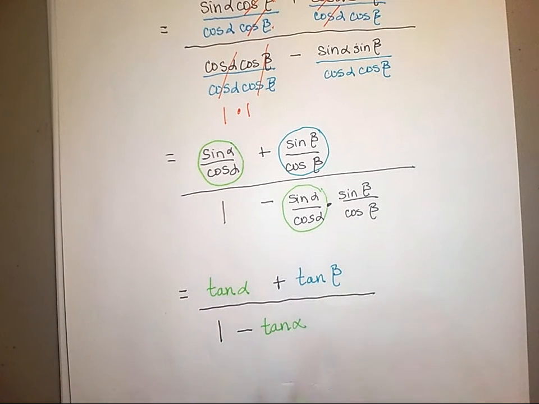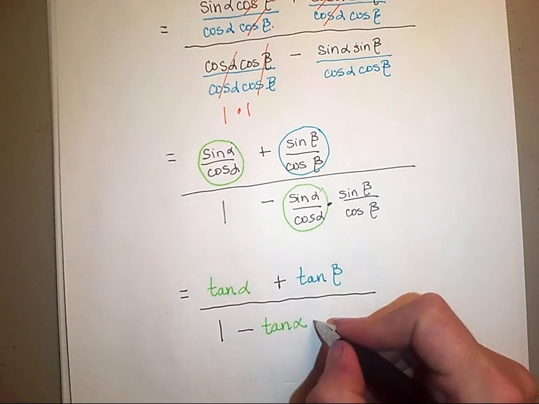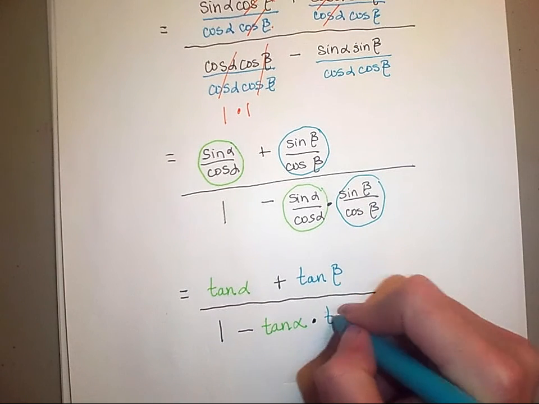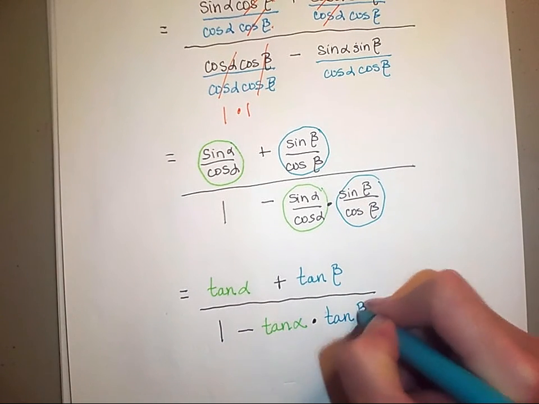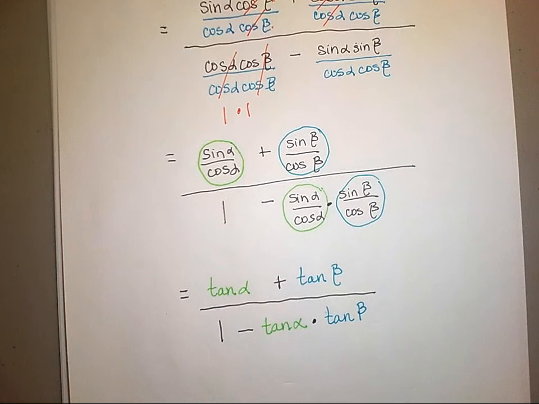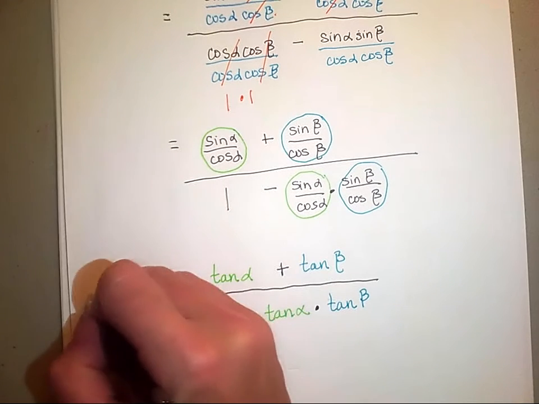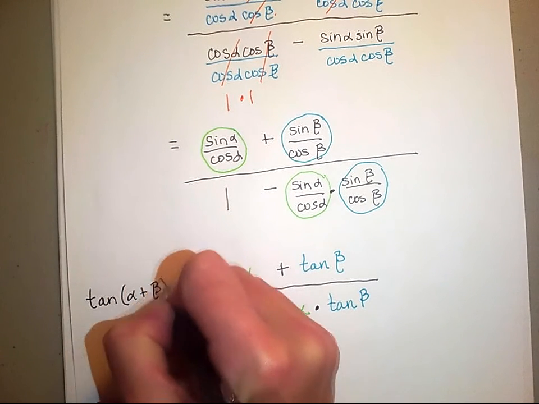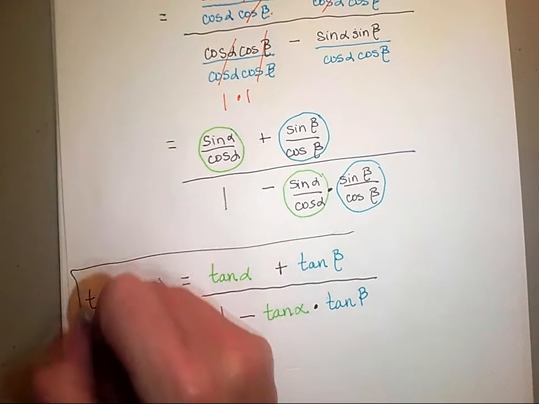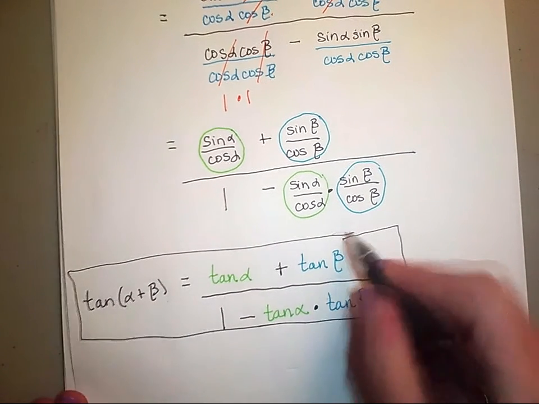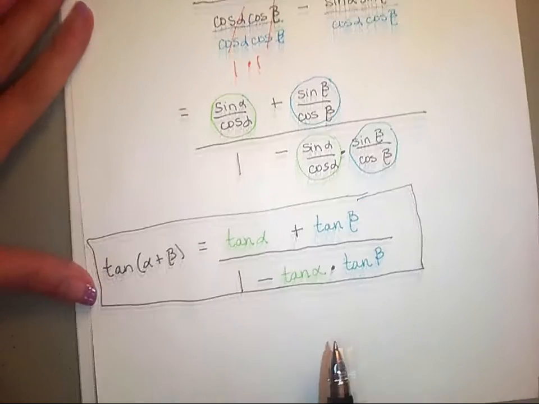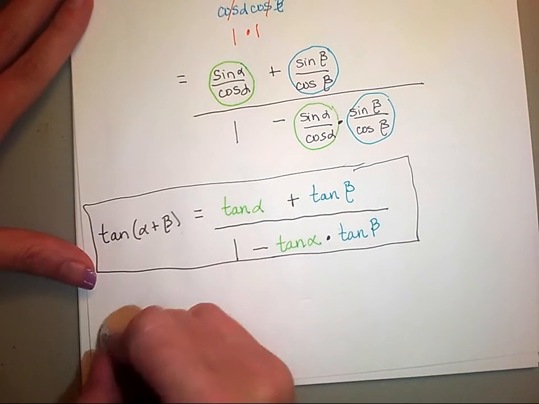Again, we have the tangent of alpha, and that's being multiplied by the tangent of beta. So in this way, we have simplified it, and we know then that the tangent of alpha plus beta is equal to this: tan alpha plus tan beta over 1 minus their product. Okay?